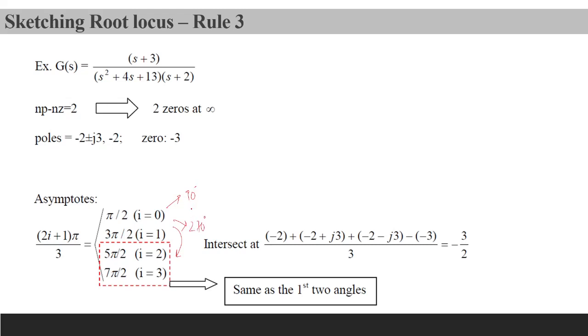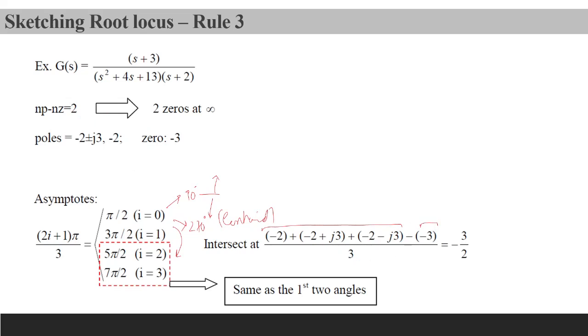So these are opposite to each other, one going upward and the other going downward side of the plane. And I can simply find the centroid or the intersect using the same formula, the sum of the poles minus the sum of the zeros divided by the total number np minus nz, which was equal to 2.